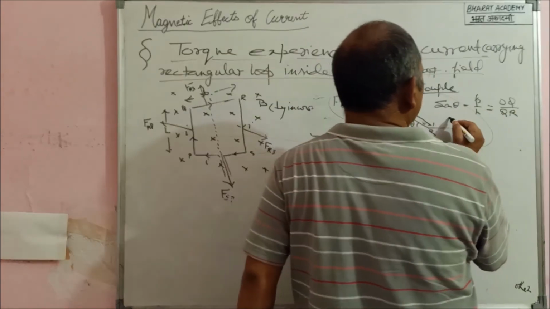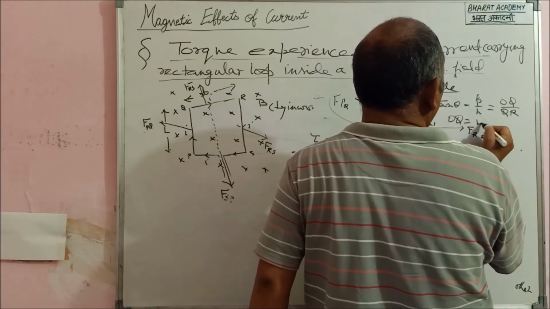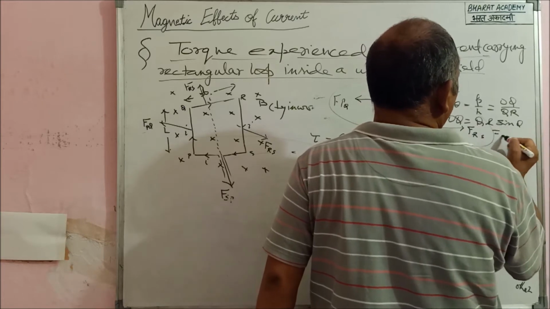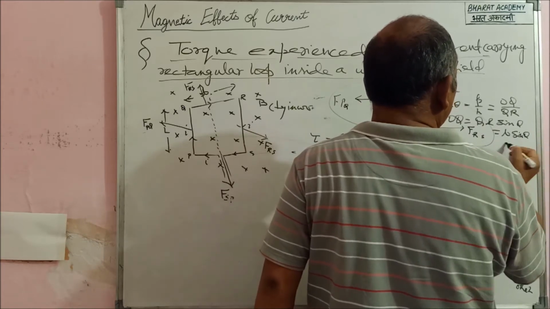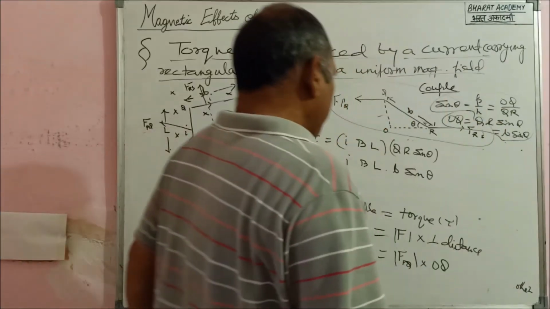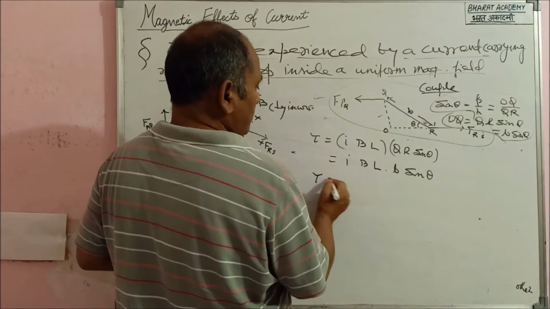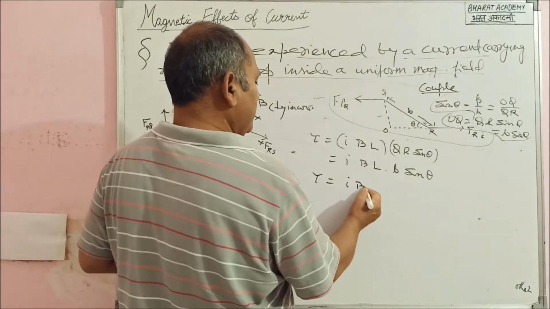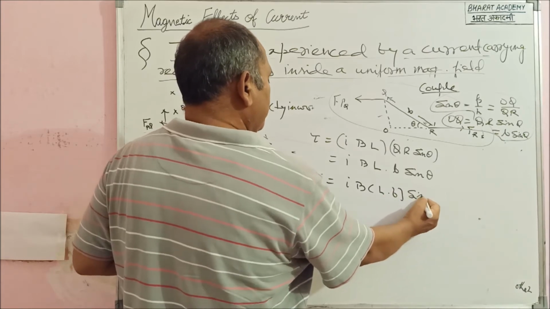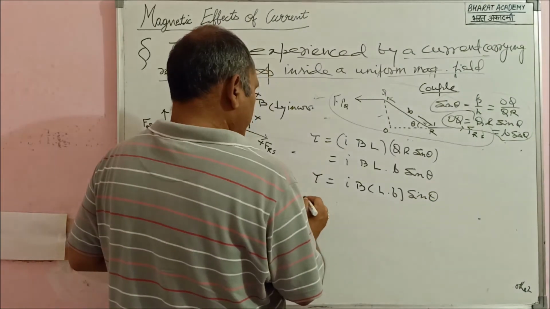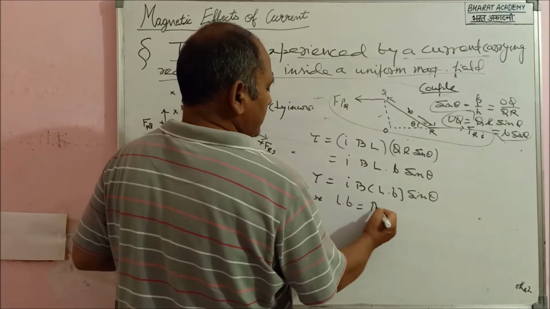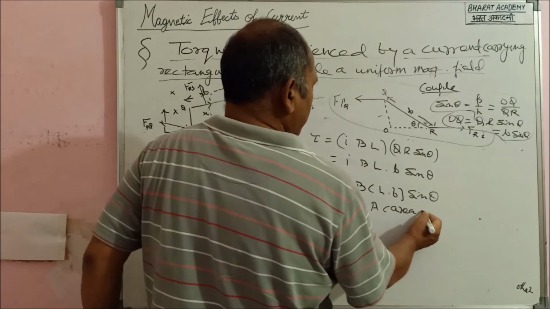Remember, from this you can calculate OQ is equal to QR sin theta, and QR is B sin theta. Substitute this value, right? So what we got, tau is equal to I B L into B sin theta, where L into B is nothing but A, the area of the loop.